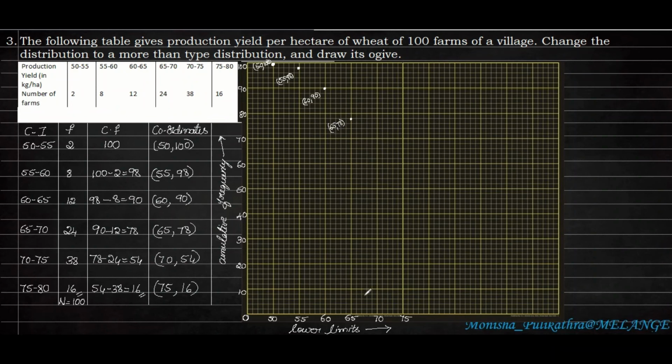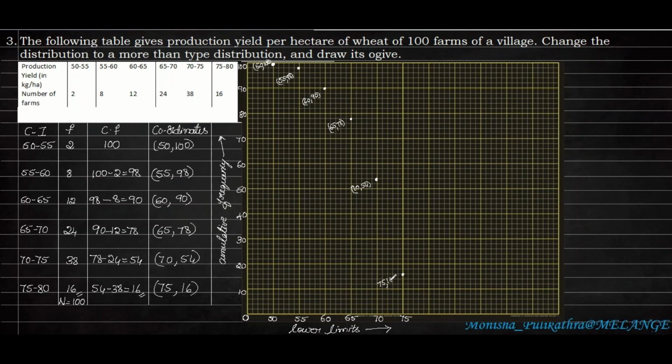So next one is 70, 54. For 70, it is 54. So this is 70, 54. So next, last one, for 75, it is 16. For 75, it is 16.